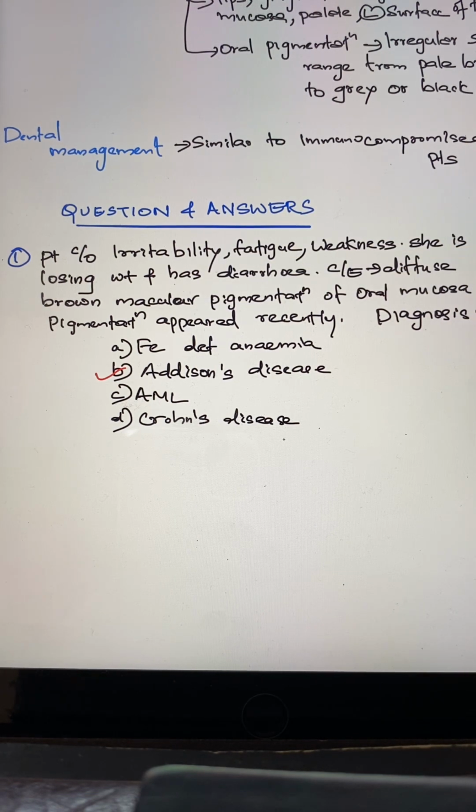As I mentioned earlier, oral pigmentation is really an important assessment factor. So the answer is Addison disease. Only one question was asked in AFK, so that's why I incorporated it into this.